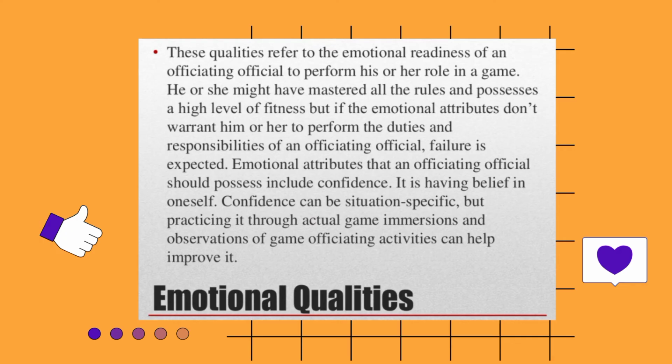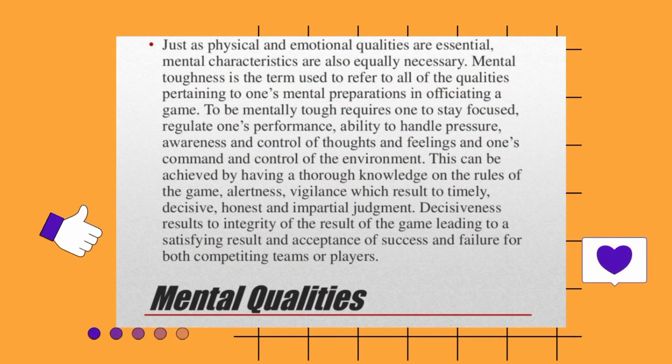Emotional attributes that an officiating official should possess include confidence. It is having belief in oneself. Confidence can be situation specific, but practicing it through actual game immersions and observations of game officiating activities can help improve it. Next, mental qualities.